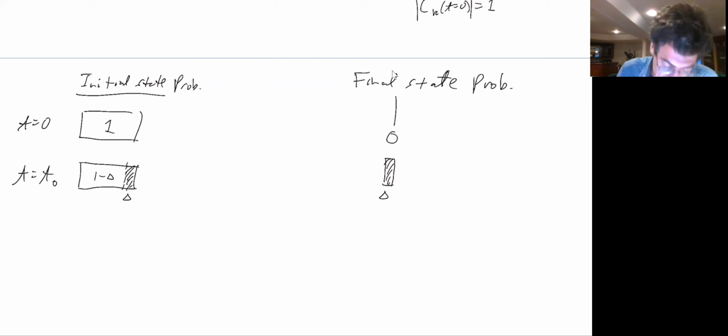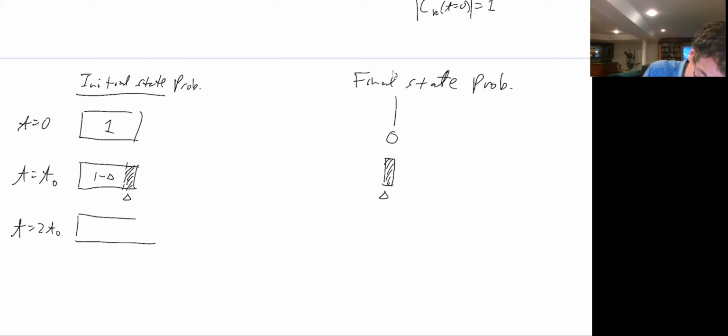And now if I go to t equals 2t naught, then you can see that the probability becomes twice. I lose twice as much, 2 delta, 1 minus 2 delta. And here I now have 2 delta.